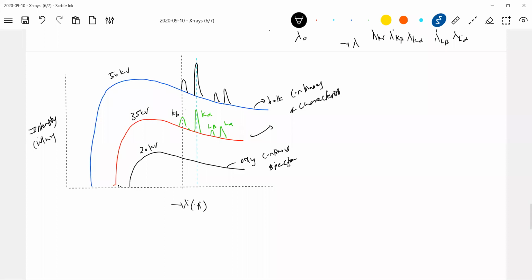Now, what is that K shell? If you see, an exam has asked some questions about the energy, and I think this is the correct way of drawing the energy band diagram. This is E_K.